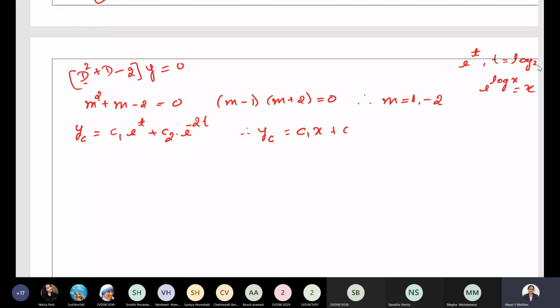So we will get c1 into x plus c2 into e power minus 2t. e power minus 2 log x can be written as e power log x, power minus 2. e power log x is x, so it will be x power minus 2, so it will be c2 divided by x square. Is it clear?